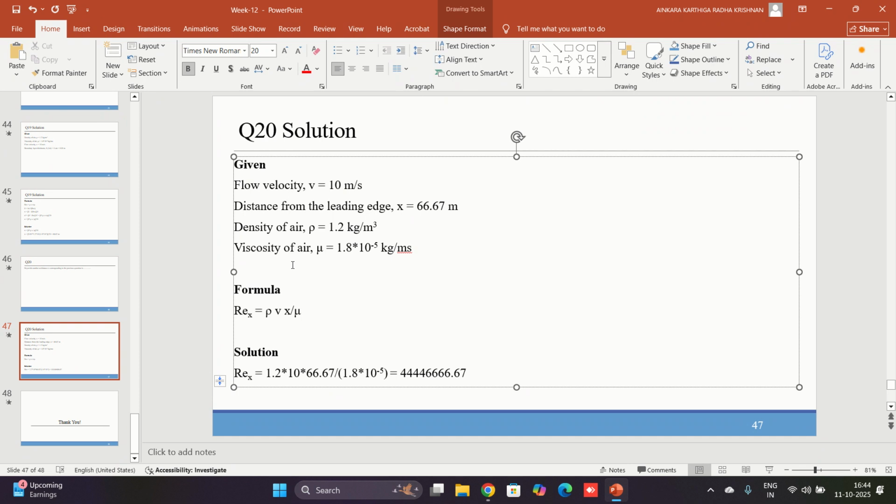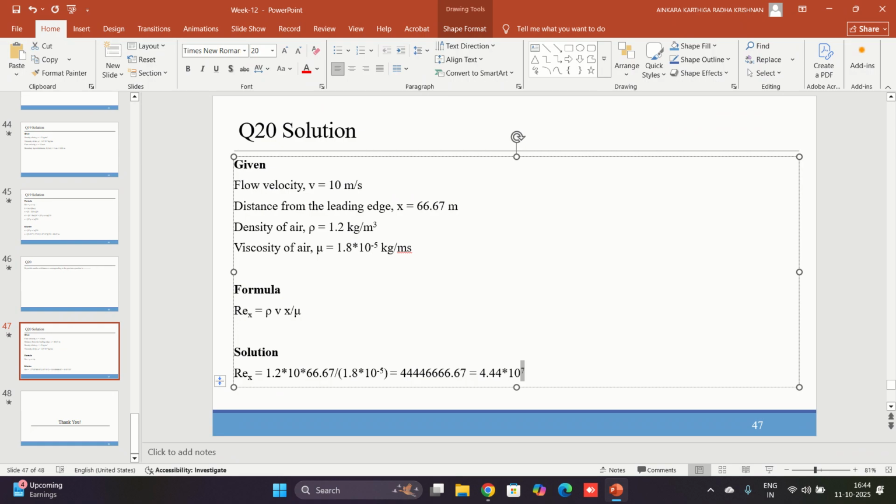So it is actually 4.44 into 10 power 7. So Reynolds number is 4.44 into 10 power 7.